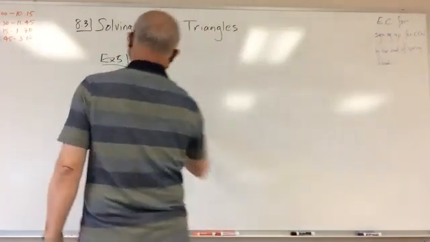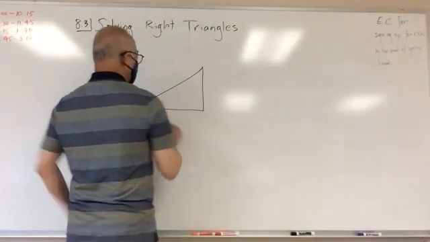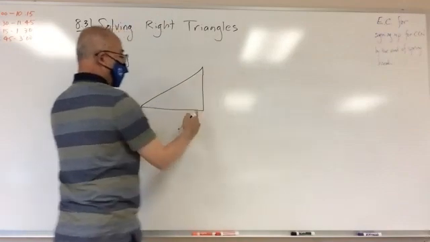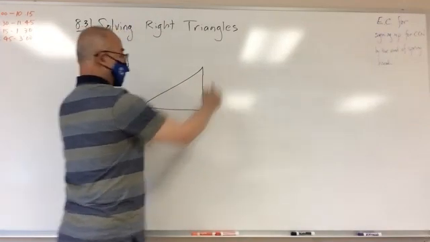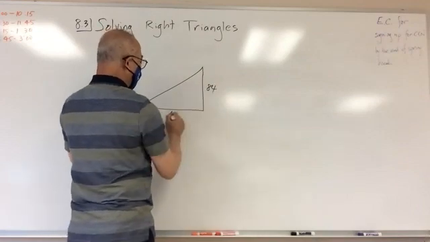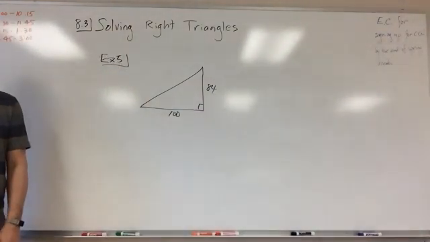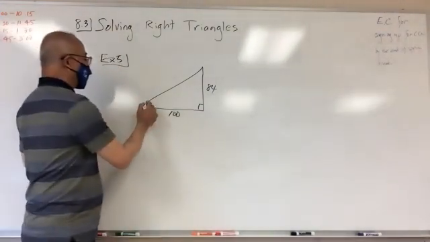So the grade is measured as the rise over the run, so it's this distance over this. So this over this is 84 over 100, right? Okay. And I want to find this angle here.